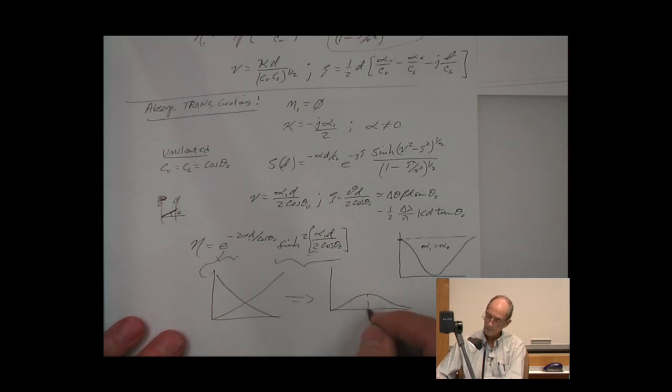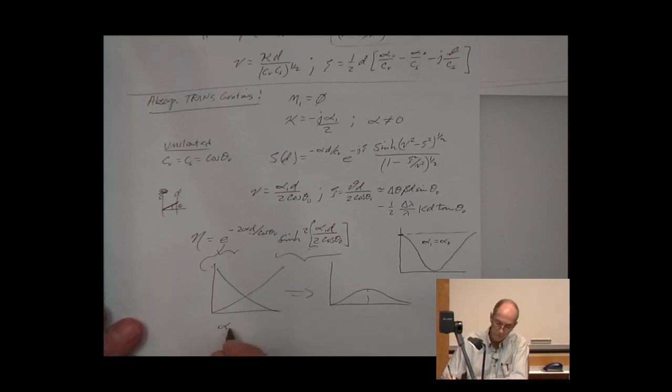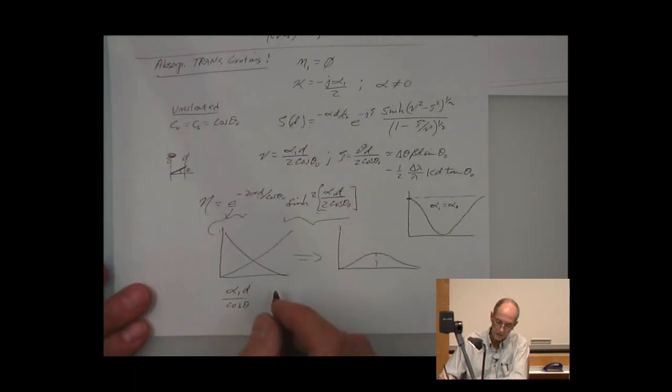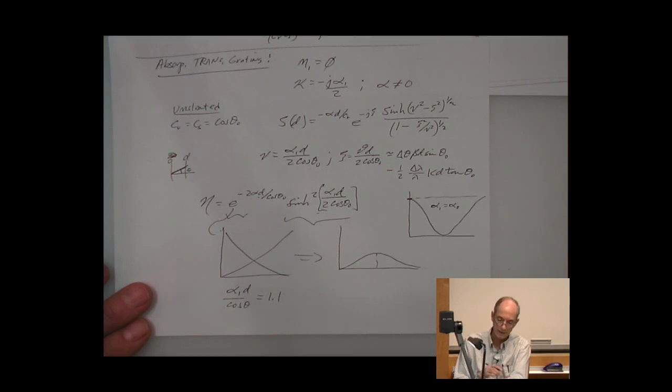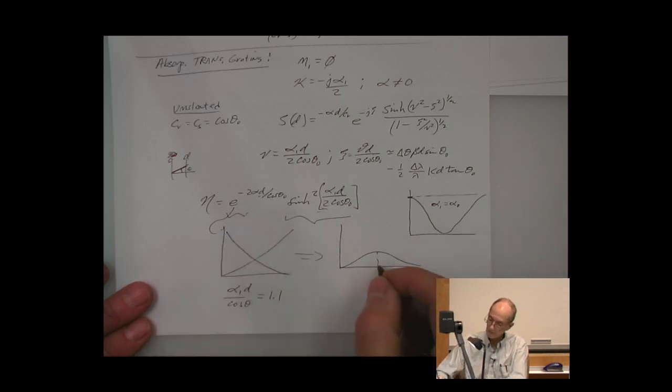When we put that into our expression here, we end up with alpha 1 d over cos theta is equal to about 1.1, all right, which corresponds to the logarithm of 3, which comes out at this peak value here.